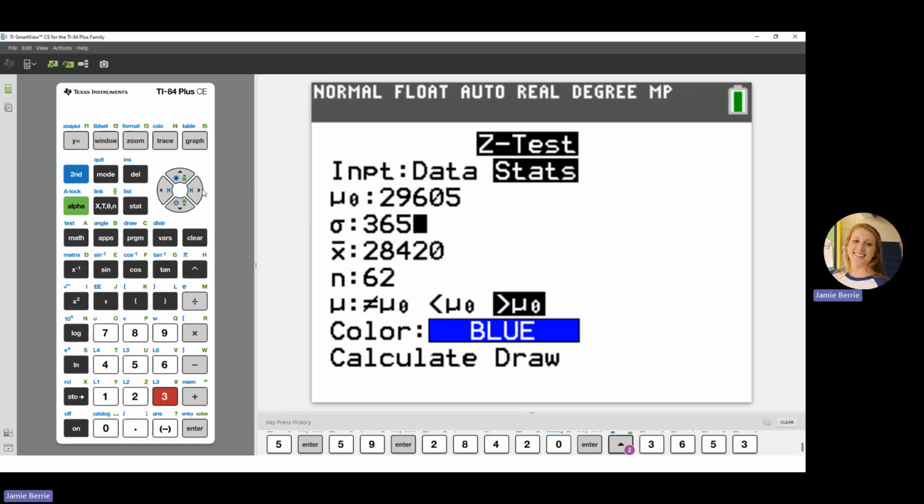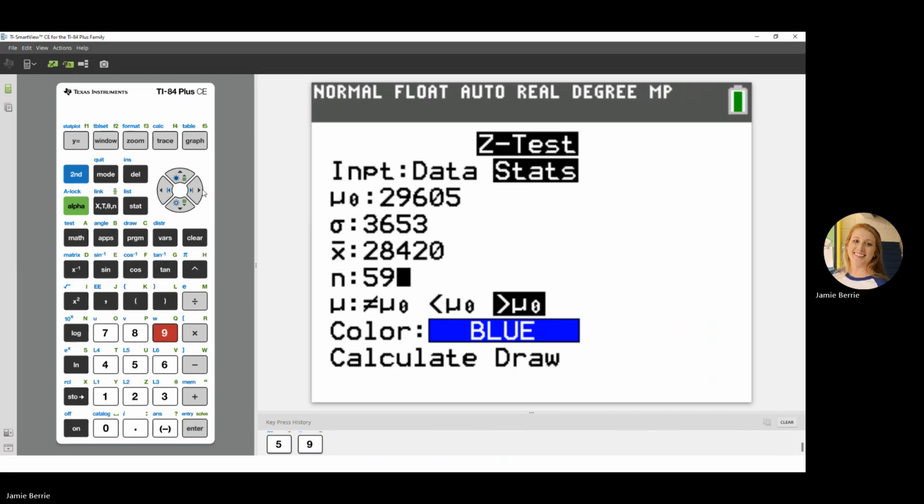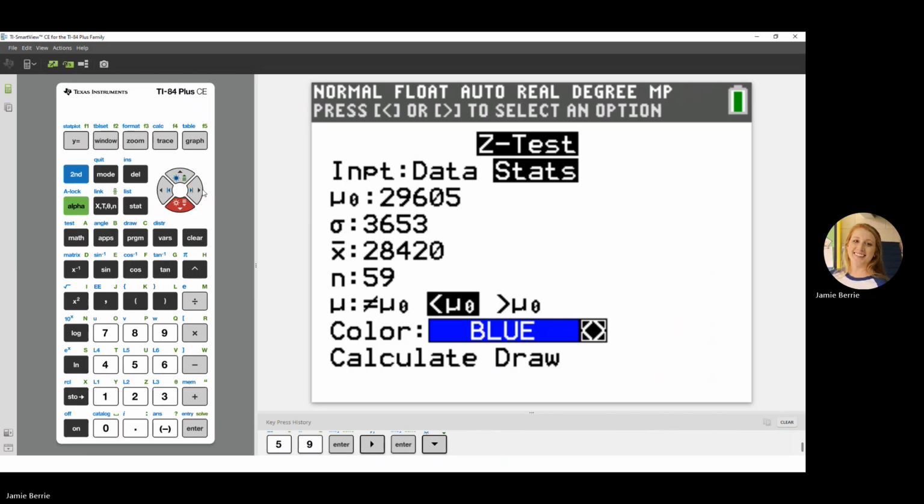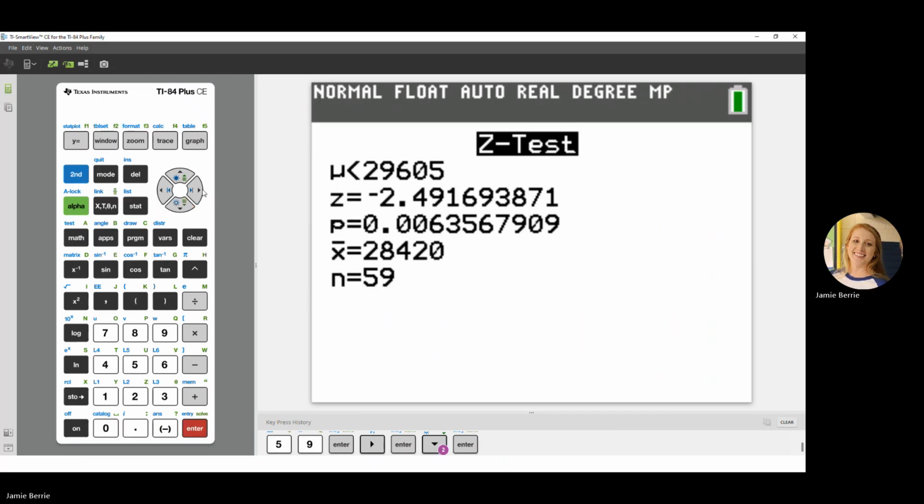Let me fix that. Oh, very small p-value, 0.01.